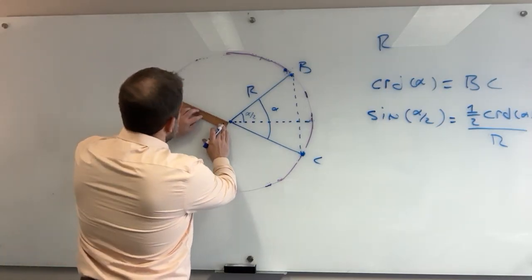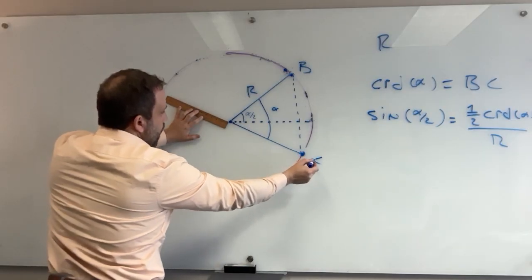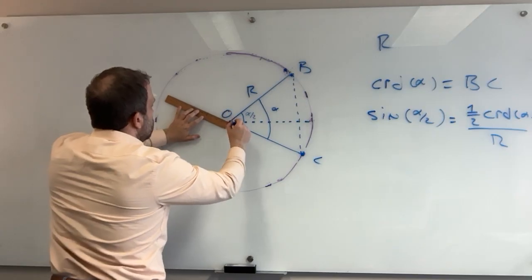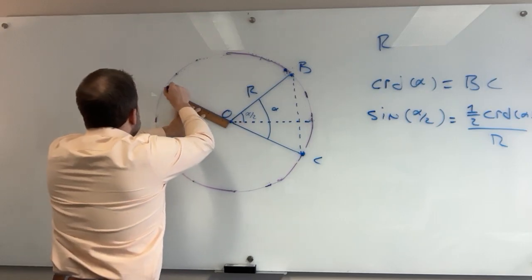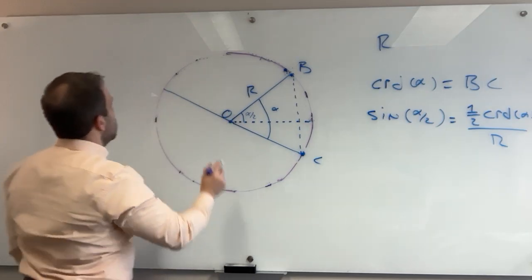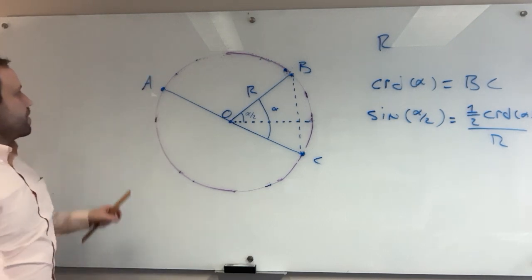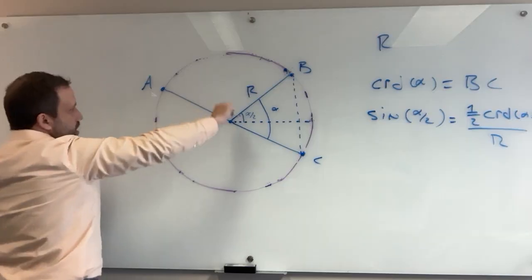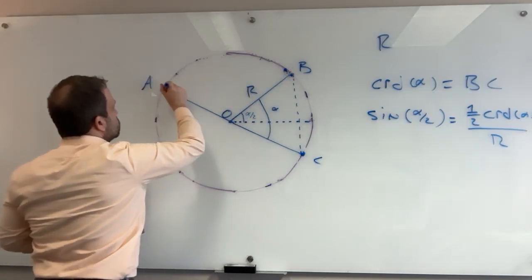Let me take this line here, and I'm going to draw a diameter through the circle, a line going from C through the center of the circle, which I'm going to call O, like this. So we're looking at the line CO, where it intersects the other side of the circle, and I'm going to call this A. Now, if I've done everything correctly, which I clearly haven't, my drawing here is not exactly correct, this will be a horizontal line.